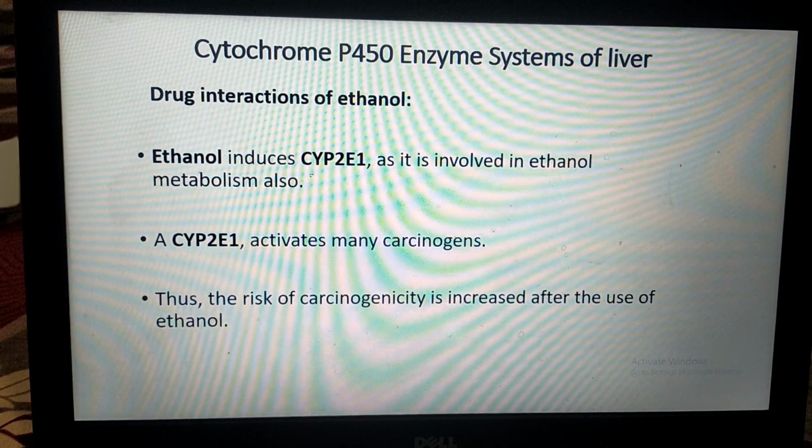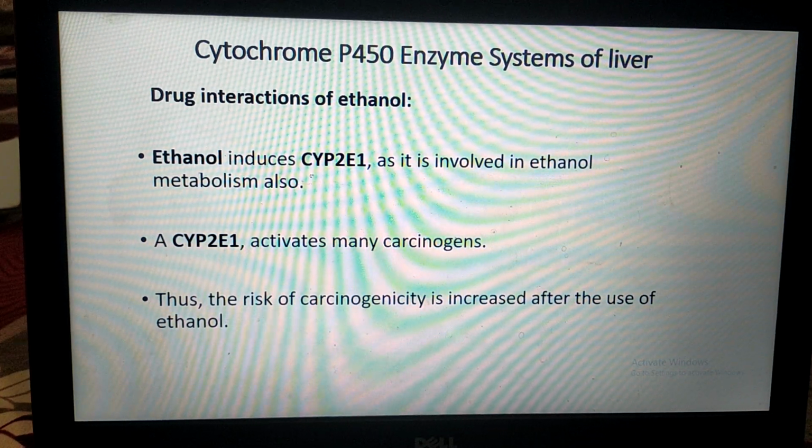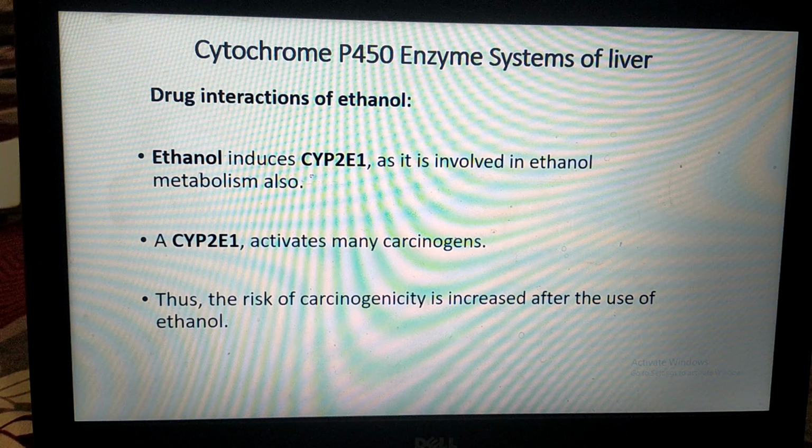Next, about ethanol. Now ethanol is an alcohol which induces CYP2E1, a cytochrome P450 enzyme, because it is involved in the metabolism of that ethanol.